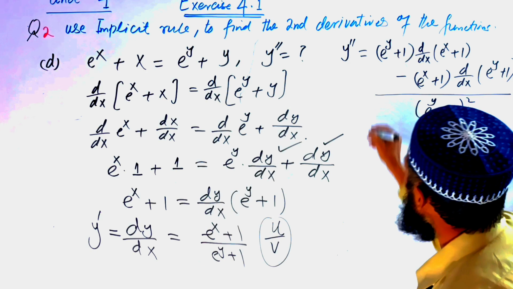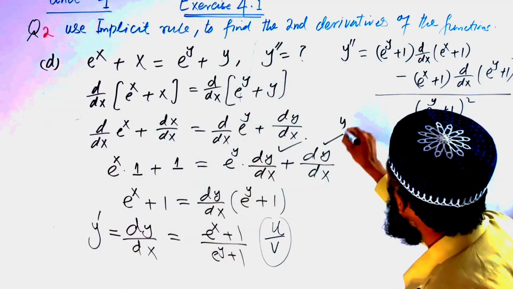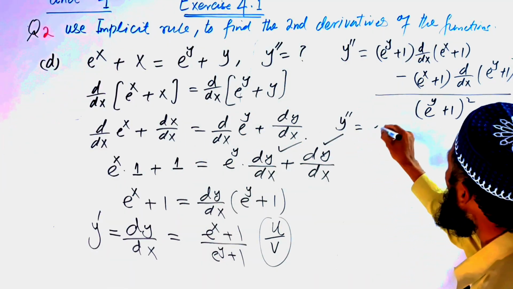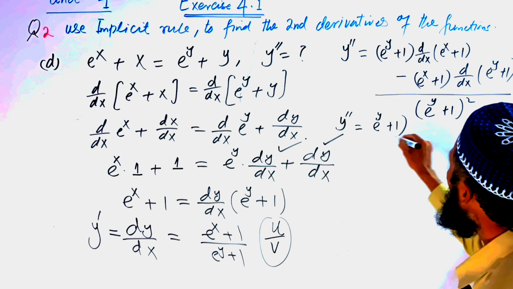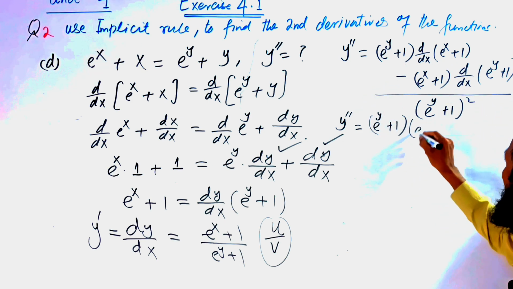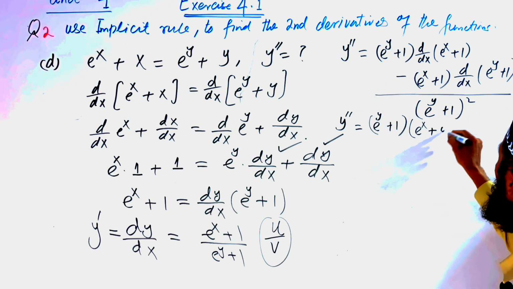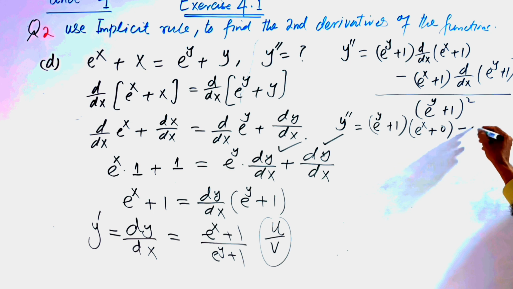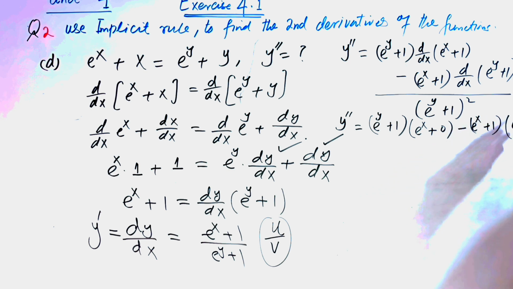This is the quotient rule we are using here. The derivative of e power x plus 1 is e power x, and the derivative of e power y plus 1 is e power y dy by dx.